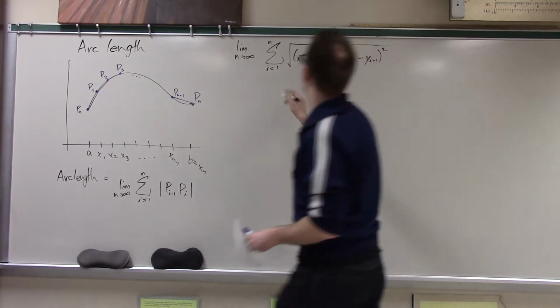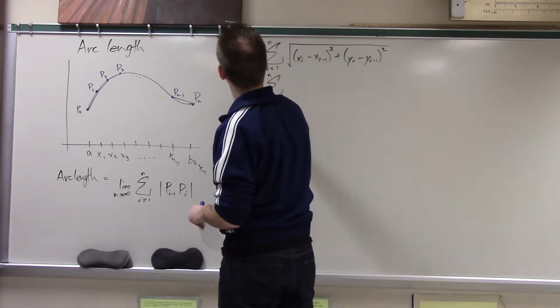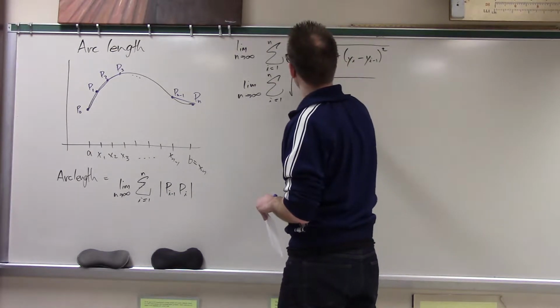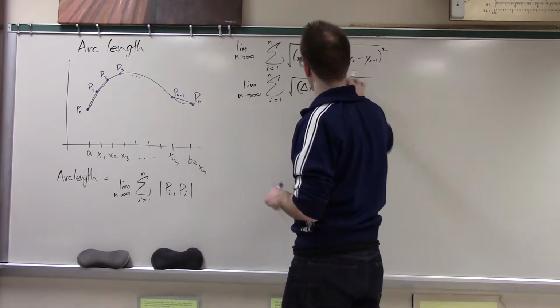Well, what now? This is really the sum from i equals 1 to n of a whole bunch of small changes in x, so let's call it delta x squared plus delta y squared.